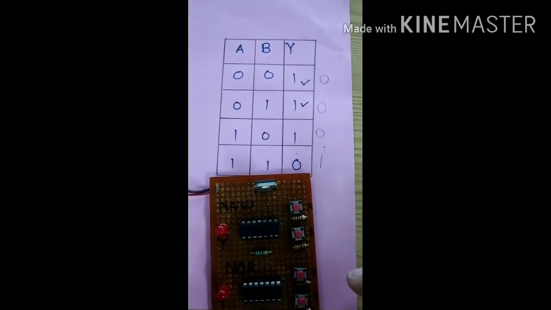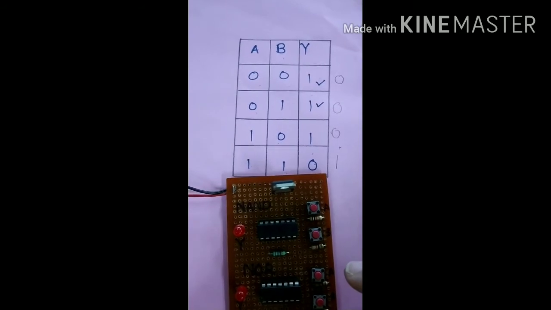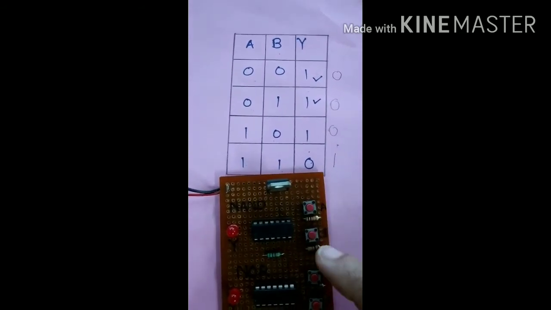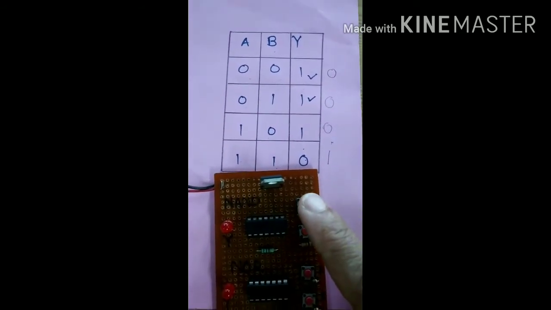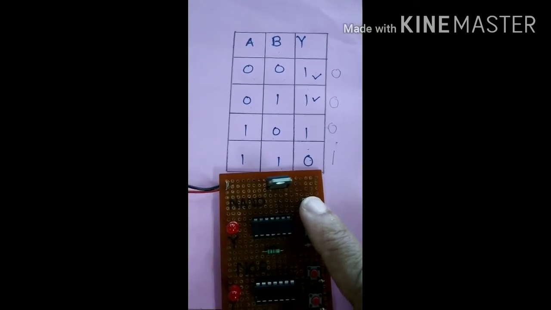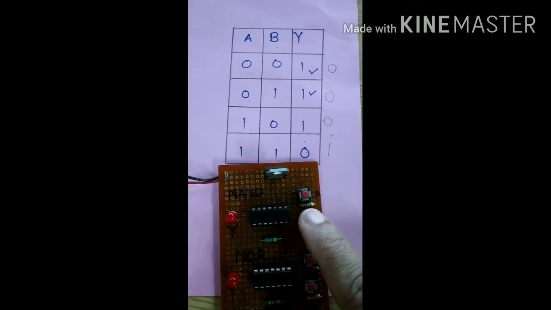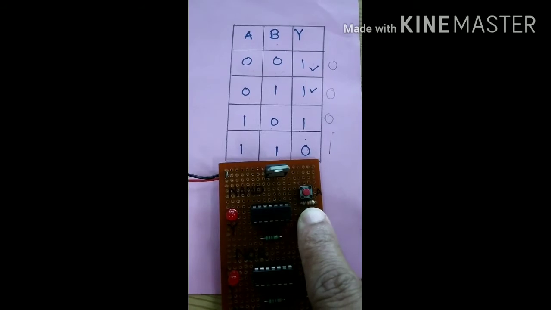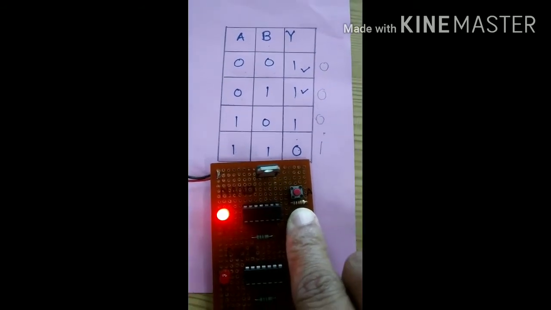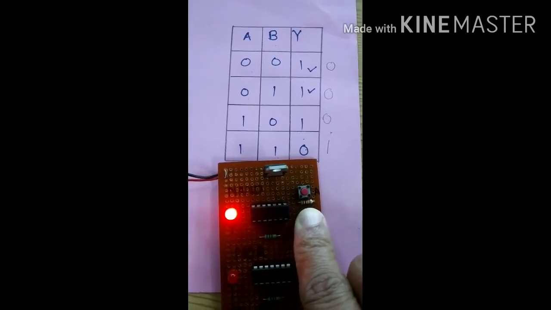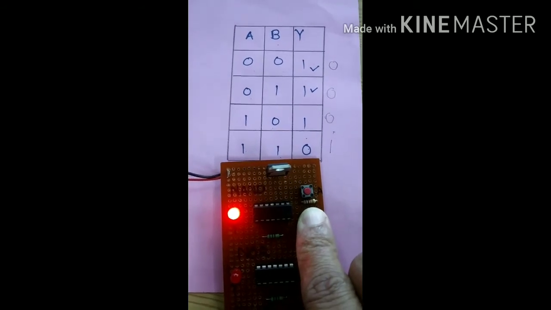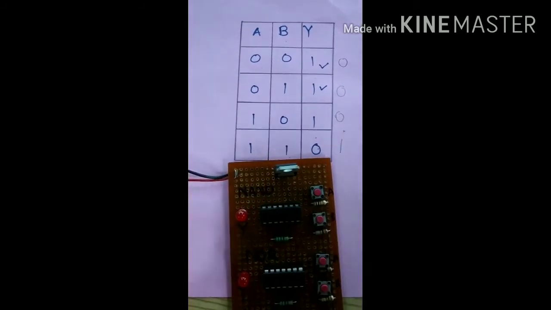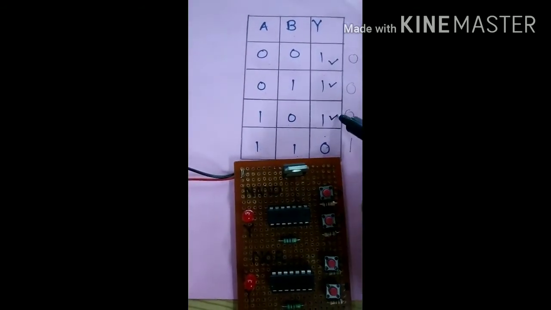So second condition is also satisfied. Now verify third condition. In third condition, A is 1 and B is 0. So A is at rest position, it is 1. Now when I am pressing B, then it is 0. So when A is 1 and B is 0, output is 1. That means LED is glowing. So third condition is also satisfied.